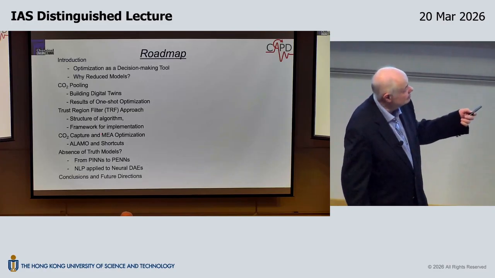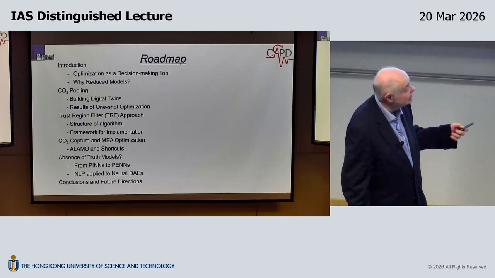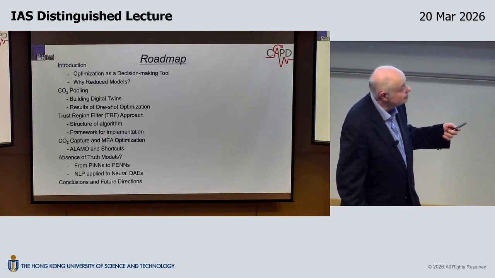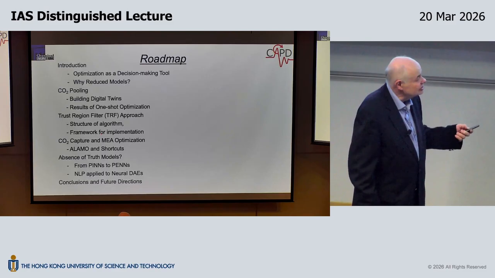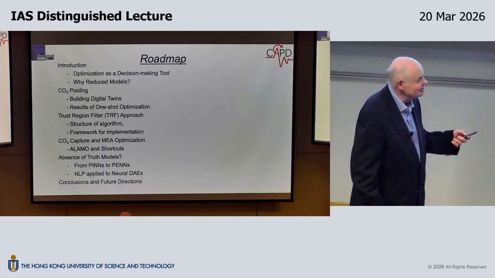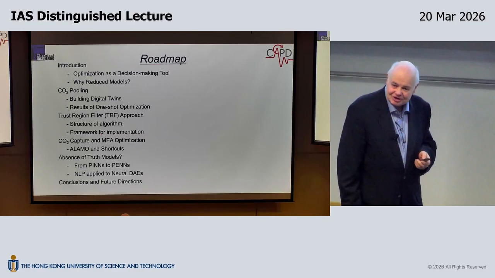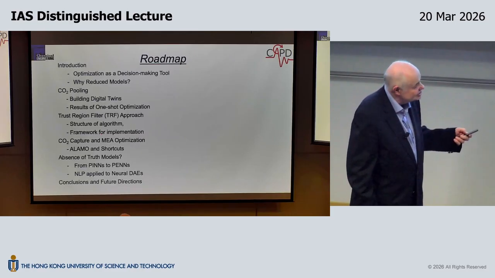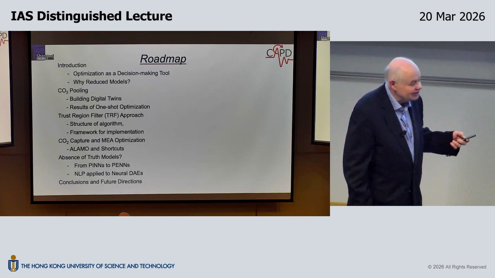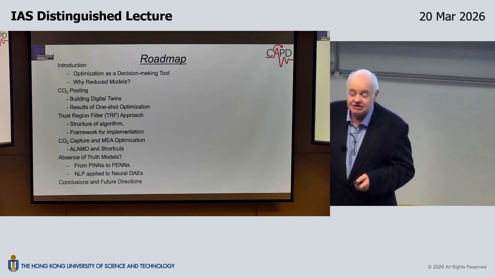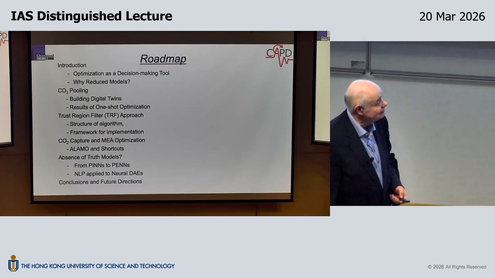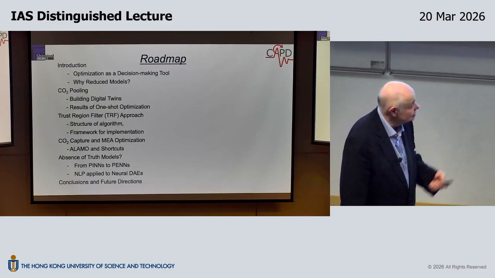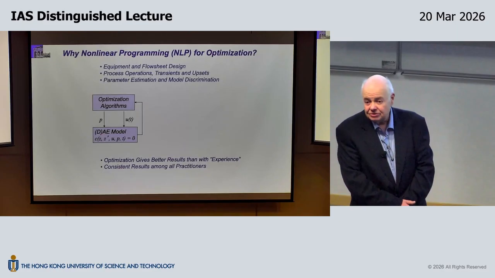And I'll give you some examples and talk about a way that we would like to do optimization within the framework of those models. Then I'm going to talk a little bit more about this idea of PINs, physics-inspired neural networks, and go to something that I coined myself the other day, which is PENS, physics-enforced neural networks. And there is a difference. Okay, and then conclude.